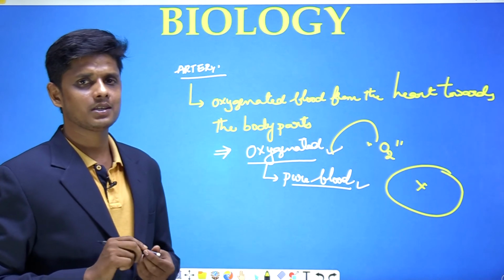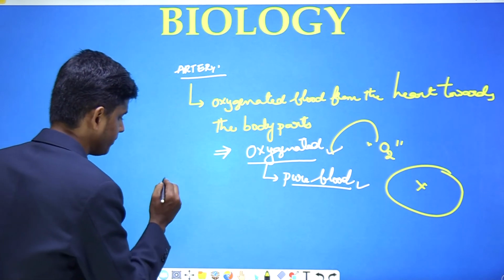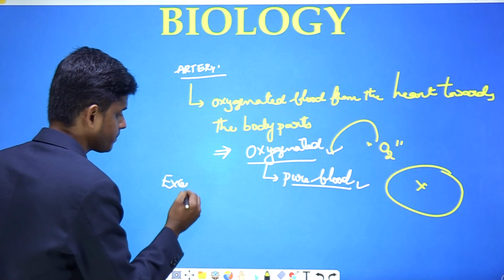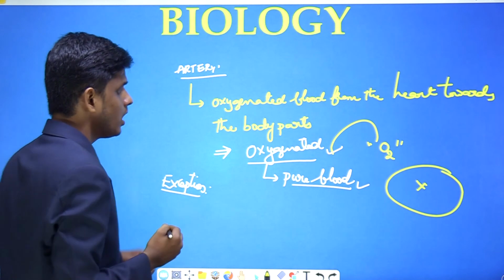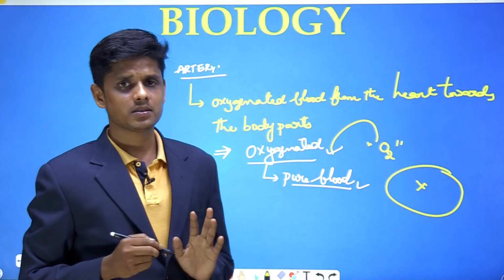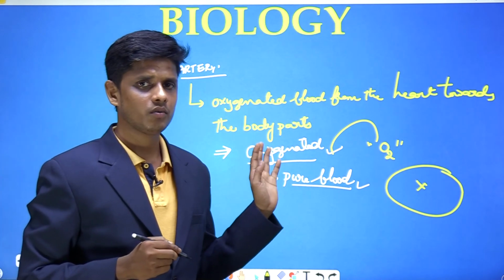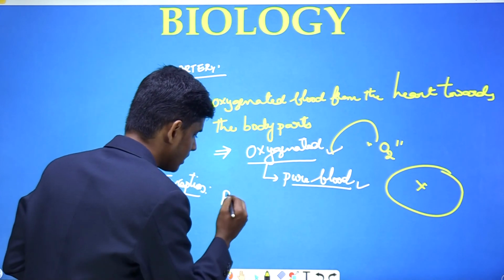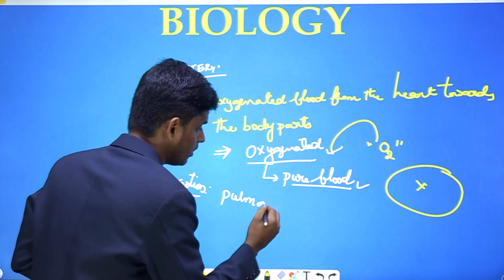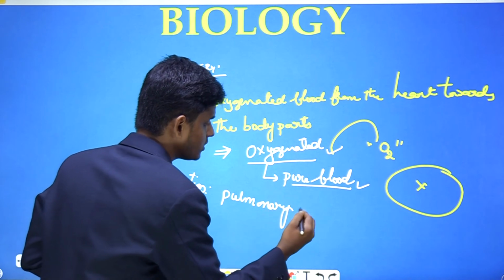But one exception is there. What was the exception? The exception of this topic is that all arteries carry oxygenated blood from the heart towards the different body parts. But in this case, one artery is there, that is the pulmonary artery. What is that?